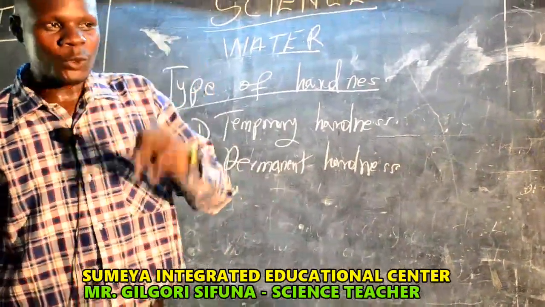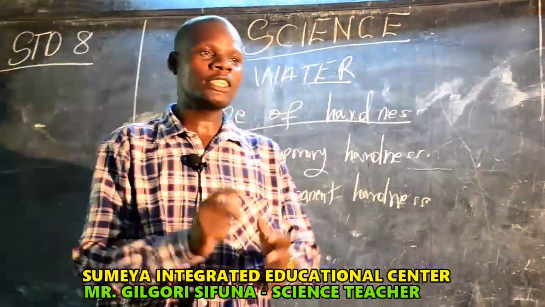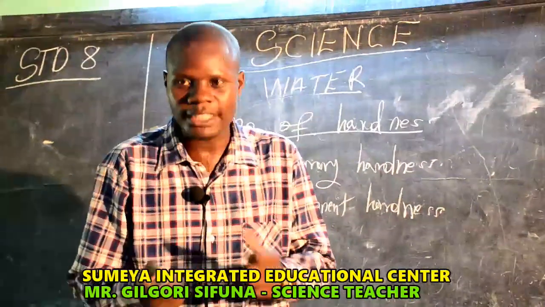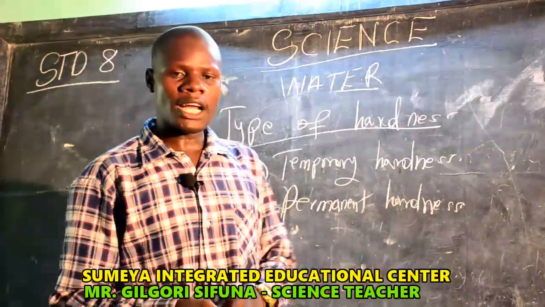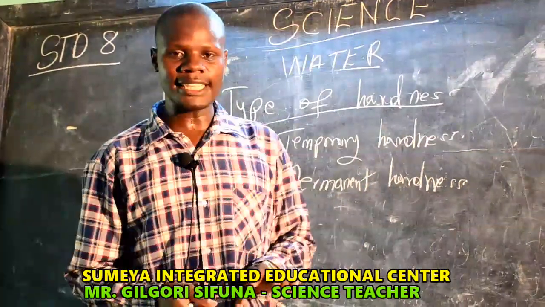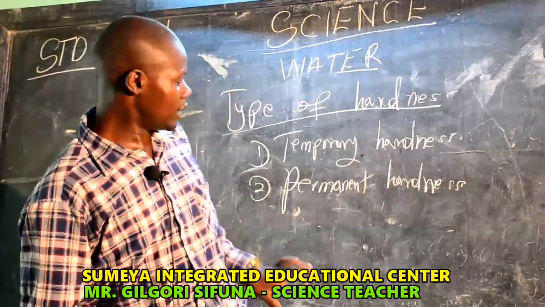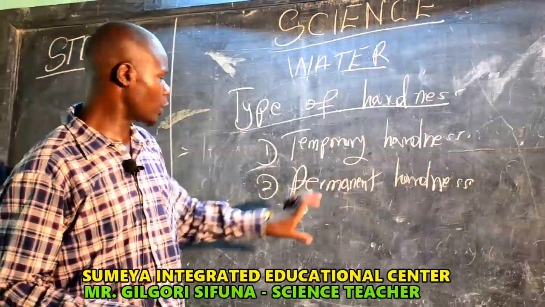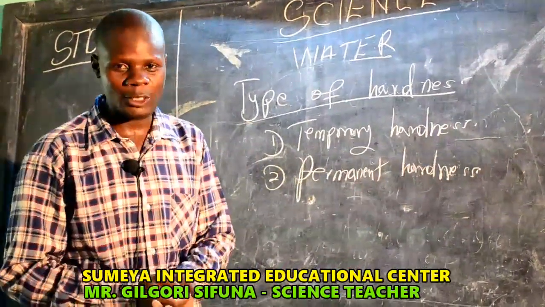We have only 2 types of hardness according to the different salt dissolved in different types of water. We have salt that can cause temporary hardness as the first type, and second, salt that can cause permanent hardness of water.